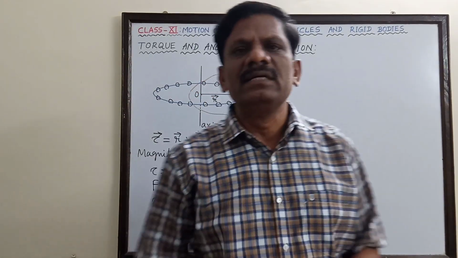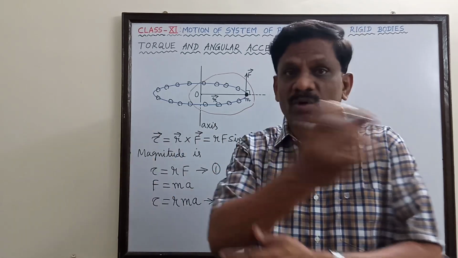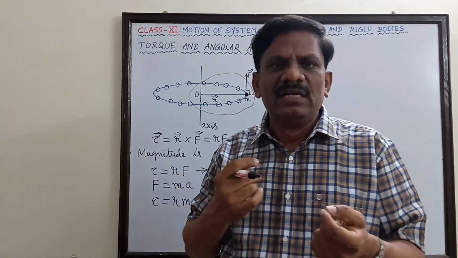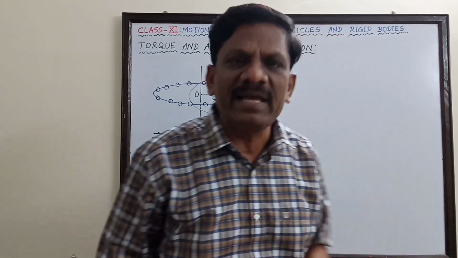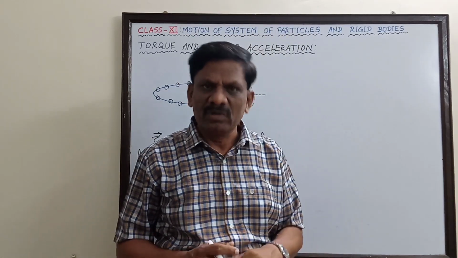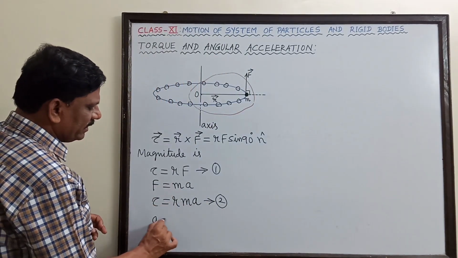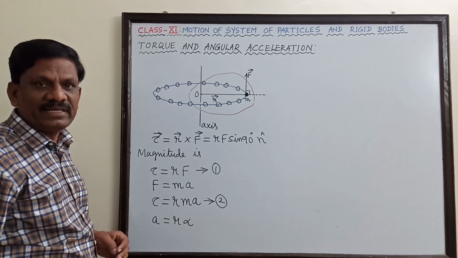I said there are two accelerations for a particle in circular motion. The body is in rotational motion, but the path of every particle is circular, so they possess linear acceleration a and angular acceleration alpha. The linear acceleration a is equal to the radius times the angular acceleration.